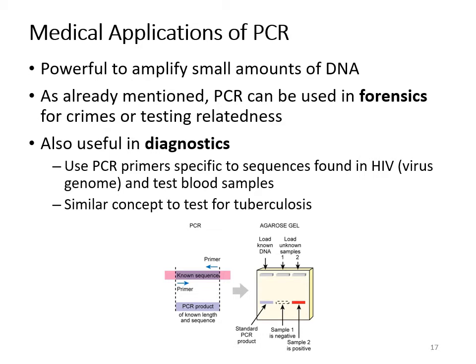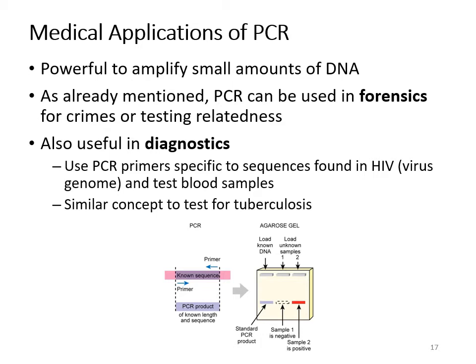It's also very powerful in diagnostics because we know the genomes of almost every bacteria or virus that most commonly infect people. So whenever we find new viruses or new bacteria, the first thing we want to do is get its genome, sequence its genome. And then once you can do that, you can use PCR to see whether a patient has it or not.